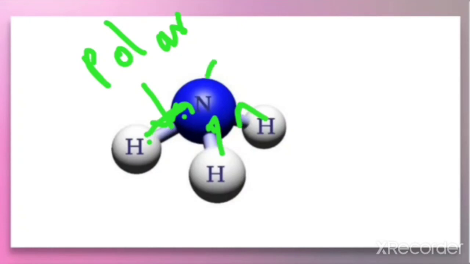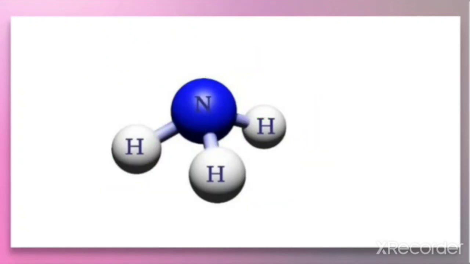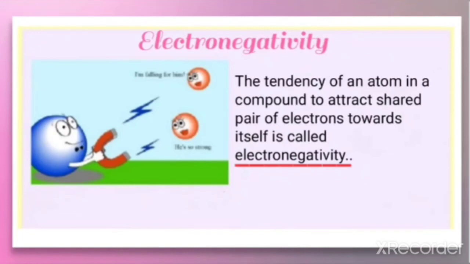So it develops a partial negative charge and the hydrogen develops a partial positive charge. This tendency to attract the shared pair of electrons towards itself is called electronegativity.